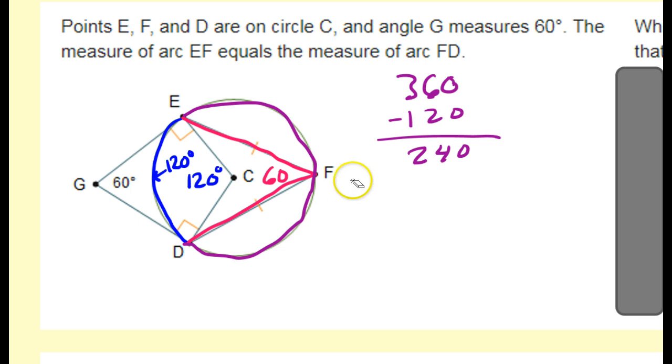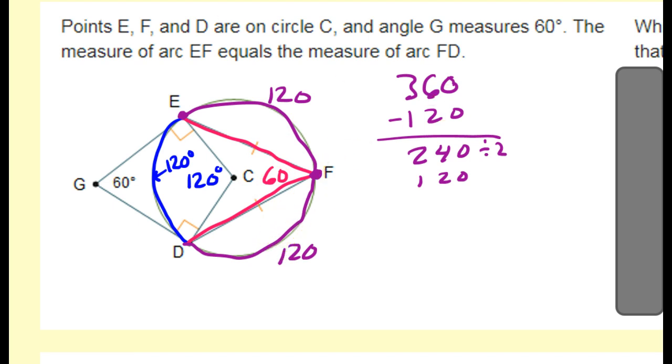Or if you think of it another way, if we take the 240 and split it, see how these marks are equal? The chords are equal. That means that these two arcs are equal. So half of 240 is 120. I just divided by 2. So this is 120 and this is 120. If the chords are equal, then the arcs are equal.